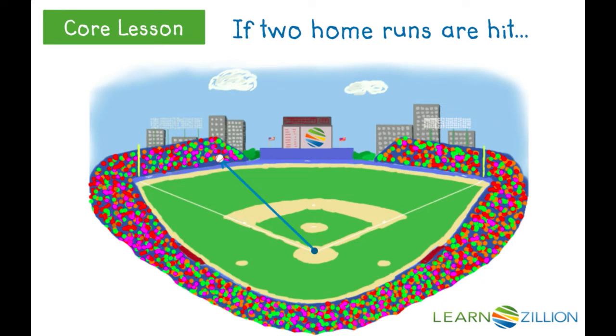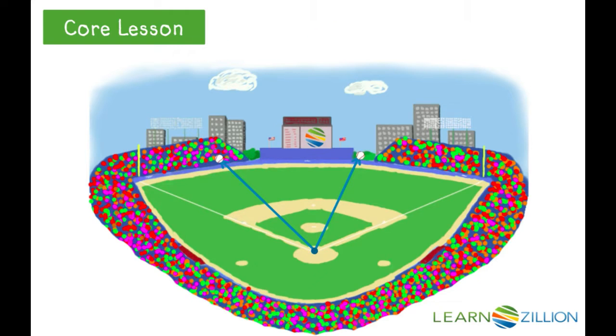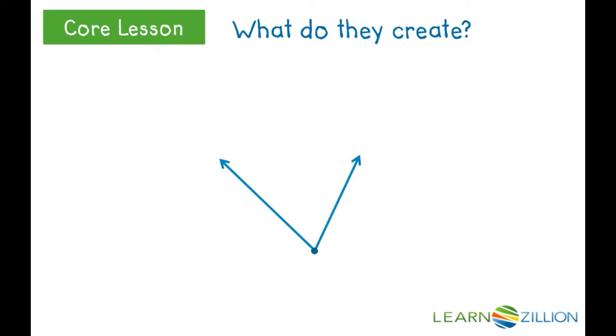Looks like a nice hit to left field. And this one. And by the way, Mr. Newman is definitely batting right now. Nice little shot to right center field. So what does that create when we have those two different baseballs? Well, why don't we go ahead, let's take away the field so that we can see what's left behind.